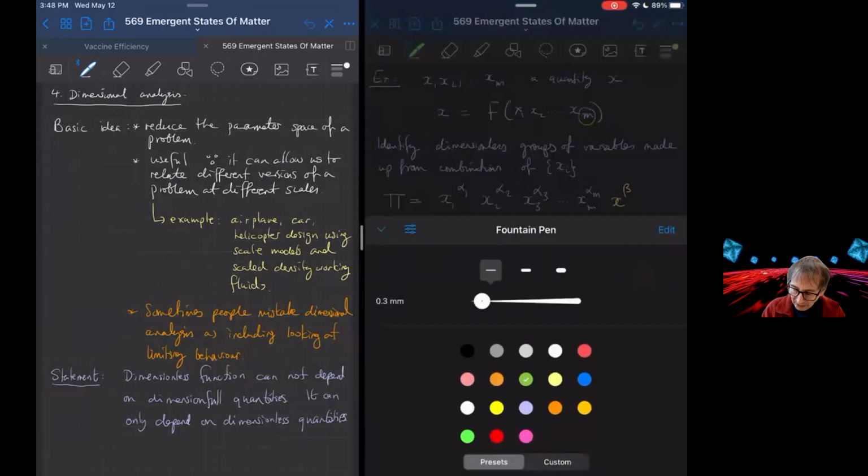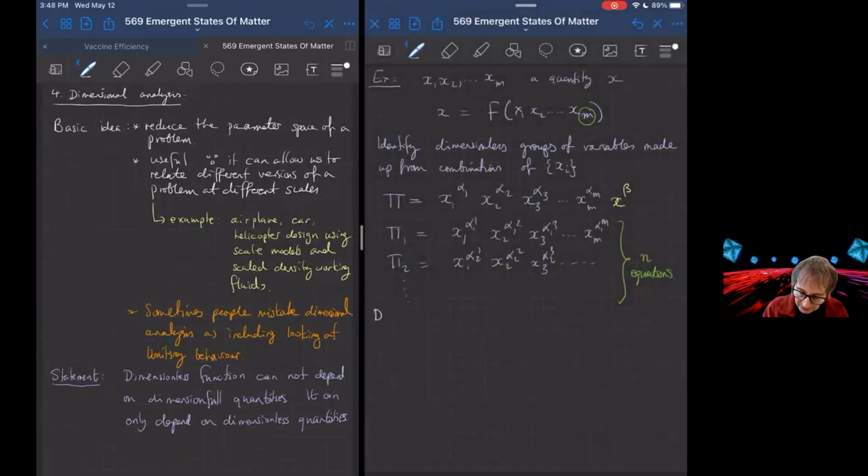And so what dimensional analysis tells us is that the dimensionless variable pi must be some function of the dimensionless variables pi1, pi2, pi3, up to pi n, where n is less than m. And this is all that dimensional analysis tells you.